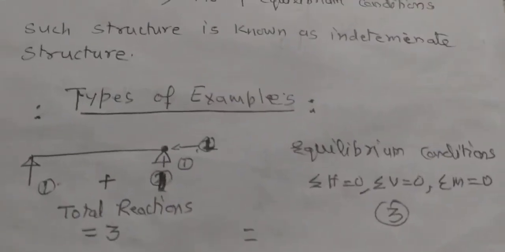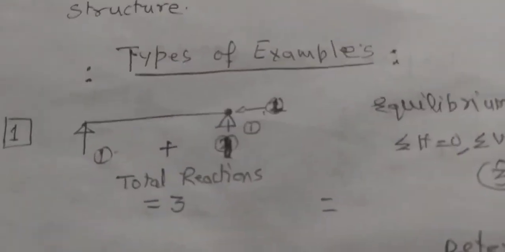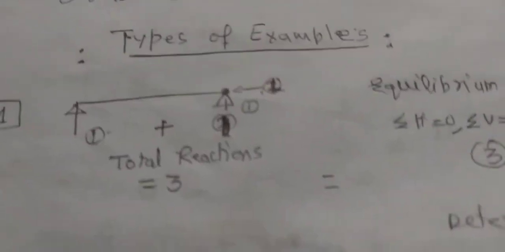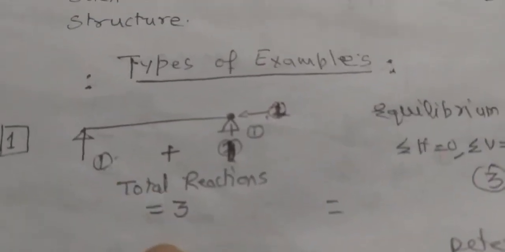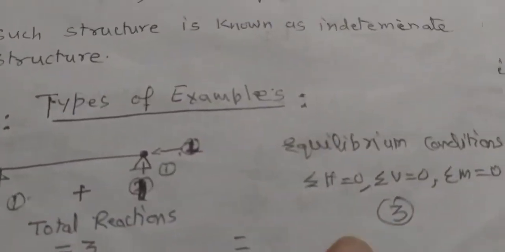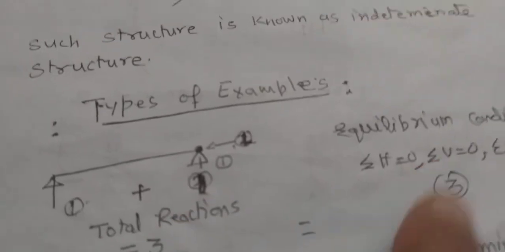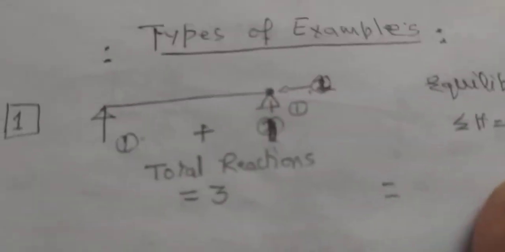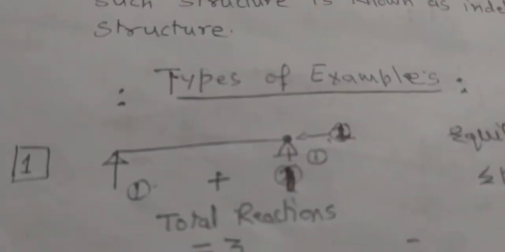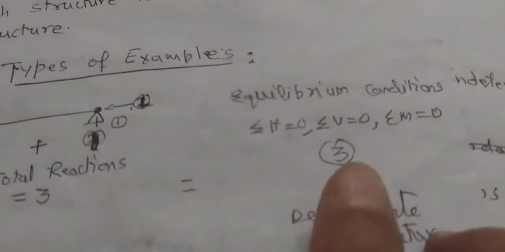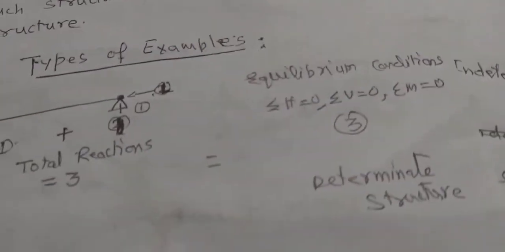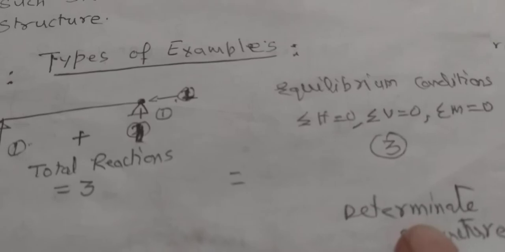So, total number of reactions are 1 plus 2, that is 3. And how many equilibrium conditions are there? 3. Now we can see when this is equal to this, means these reactions are equal to the number of equilibrium conditions, then we can say yes, this is a determinate structure.